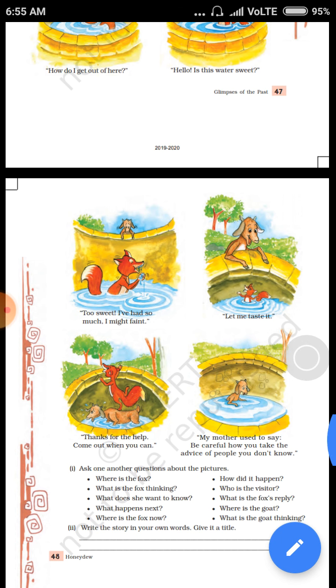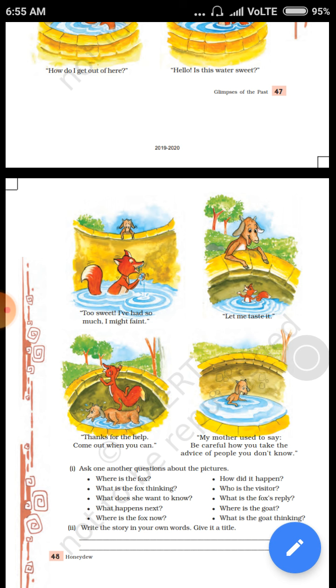And you can write your story easily. Once a fox falls into a well. Or you can say in past tense, once a fox fell into a well.